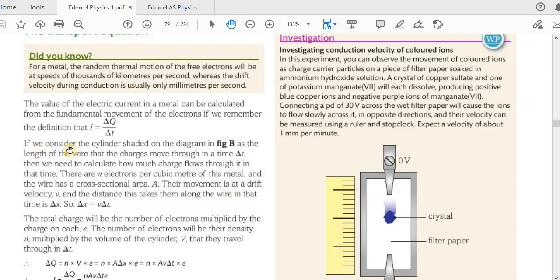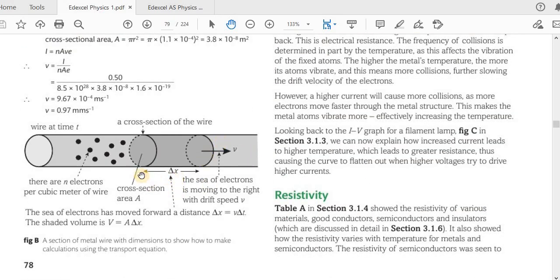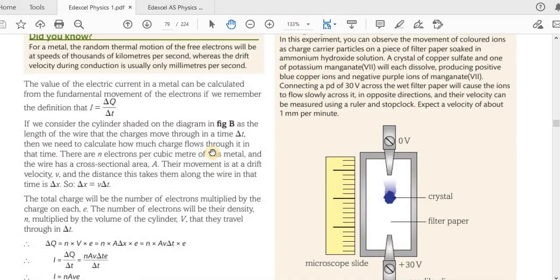If we consider a cylinder shaded on the diagram in figure B as the length of the wire that the charges move through in a time delta t, see, they move from there to there, then we need to calculate how much charge flows through it in that time.